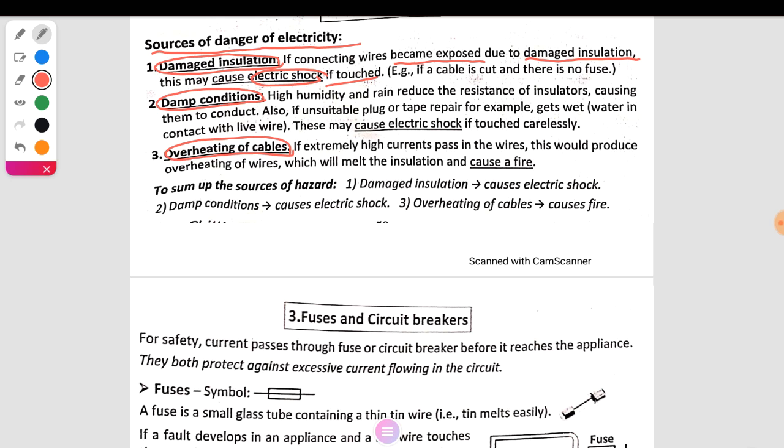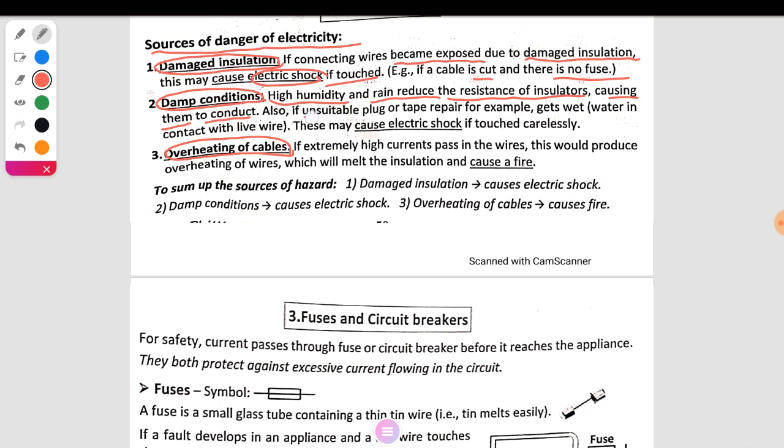If a cable is cut and there is no fuse, this is dangerous. Number two, damp condition. High humidity or rain reduces the resistance of the insulator, causing it to conduct.